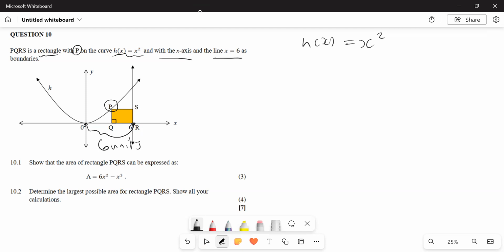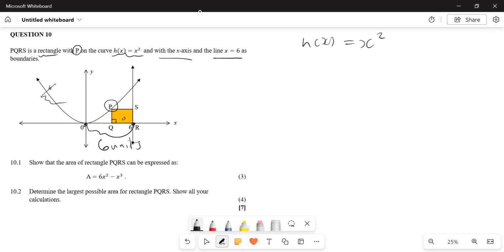Point P is a point of intersection between the curve and the rectangle, and the point of intersection is where two graphs are equal. So you can use either of the equations.